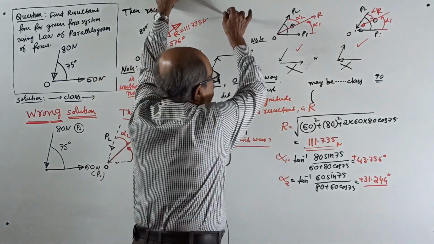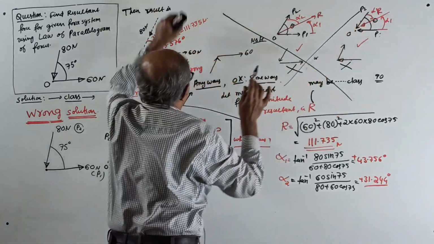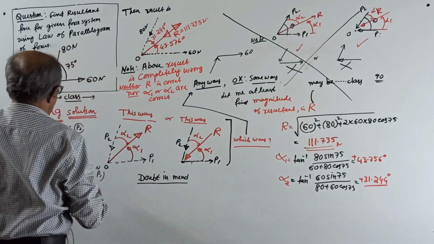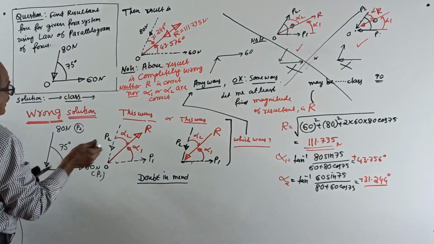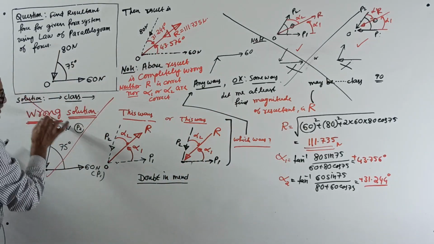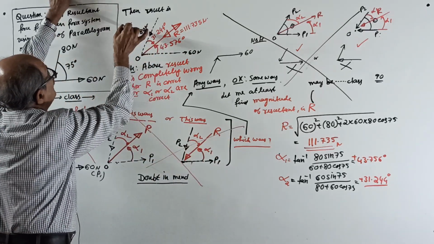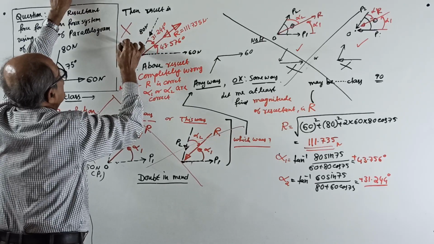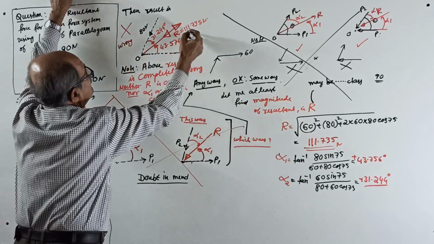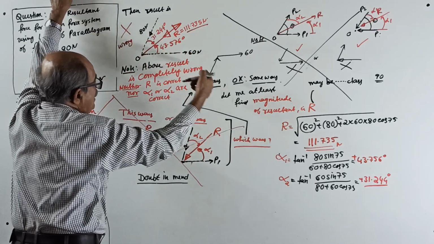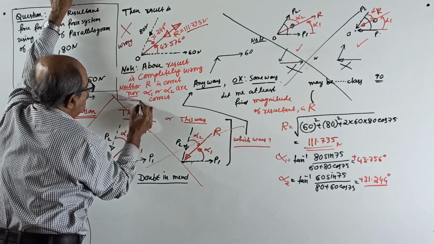Anyway, it is completely wrong. Therefore, make a note here: the solution I have done is completely wrong. Even the resultant is wrong. This number and these angles will not appear. I will not remove this now.